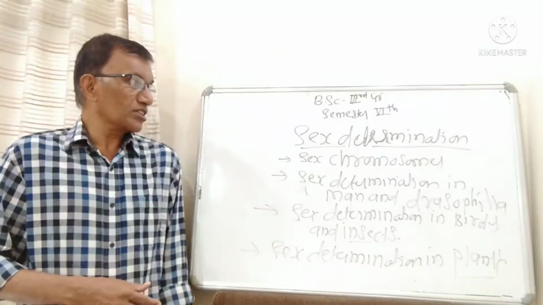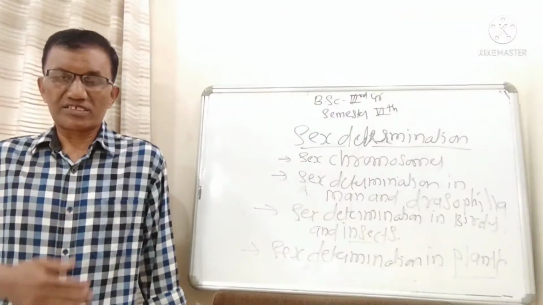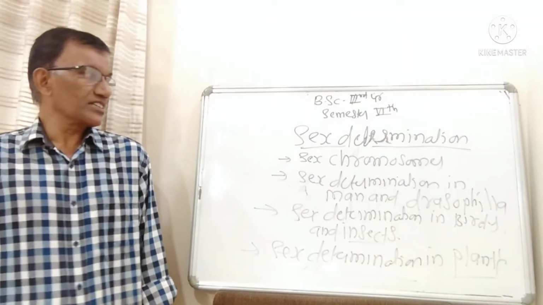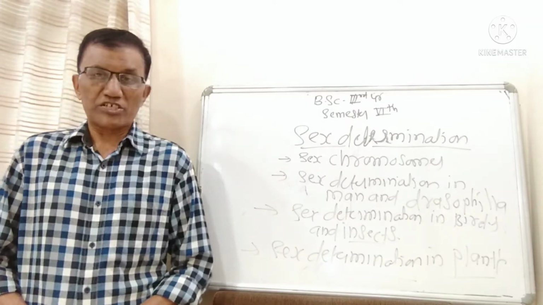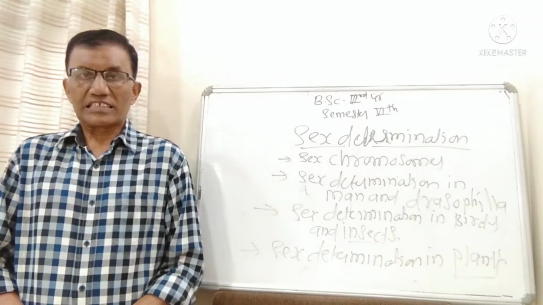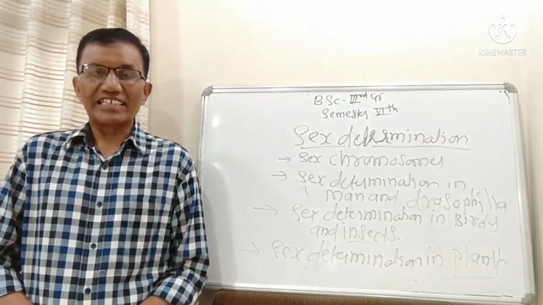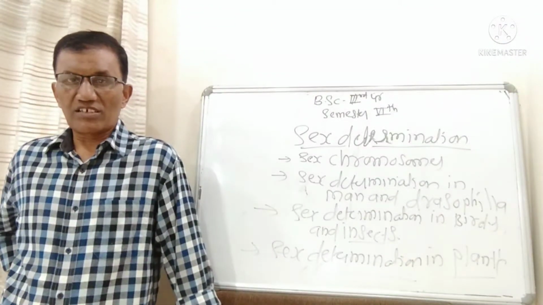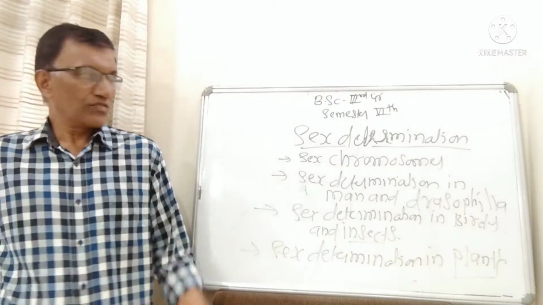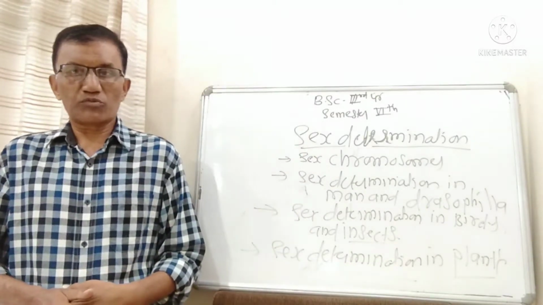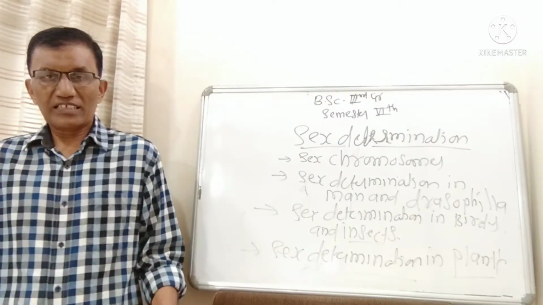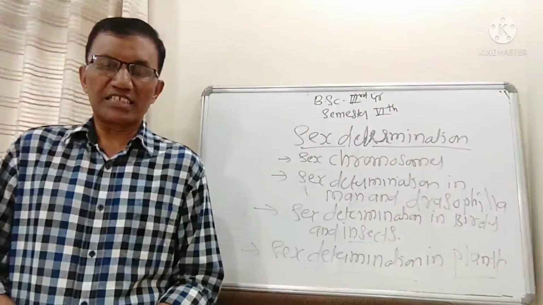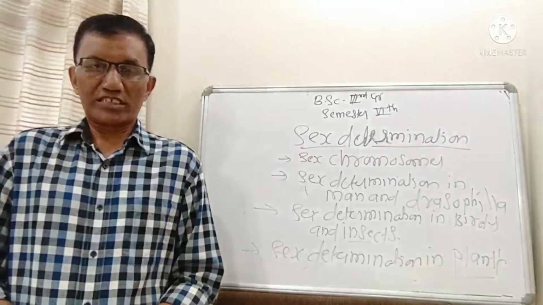Now another two important chapters are there, that is sex determination and sex-linked inheritance. This is a very important chapter. Within 2 to 3 classes, I am going to complete all these things. After that, the remaining part of our syllabus is biotechnology.